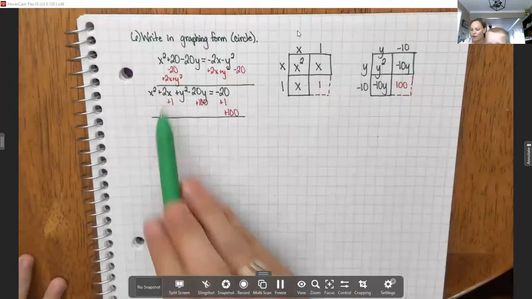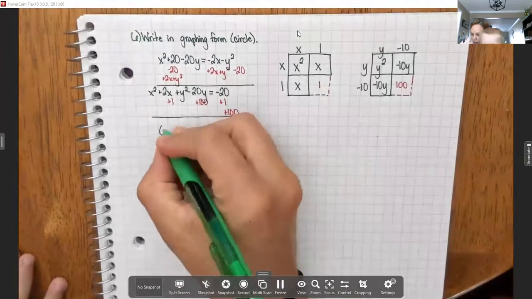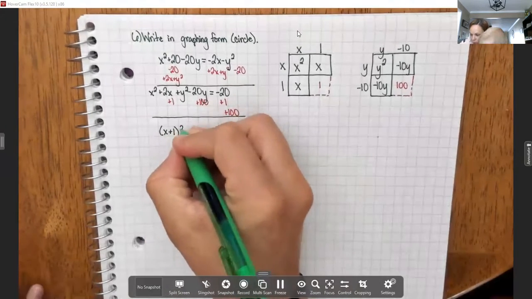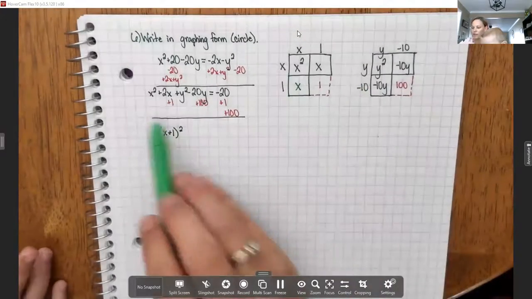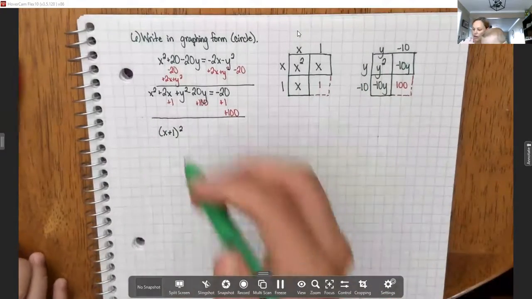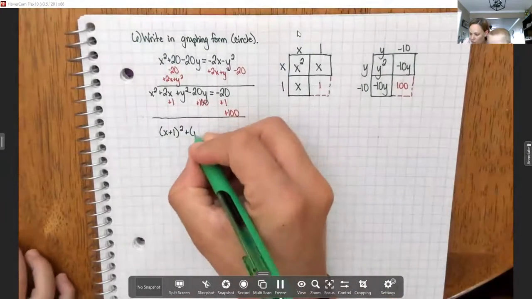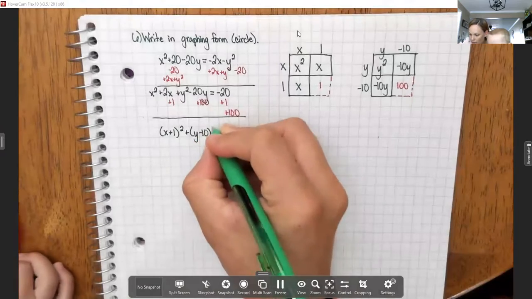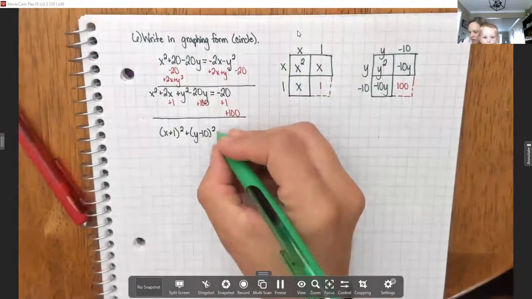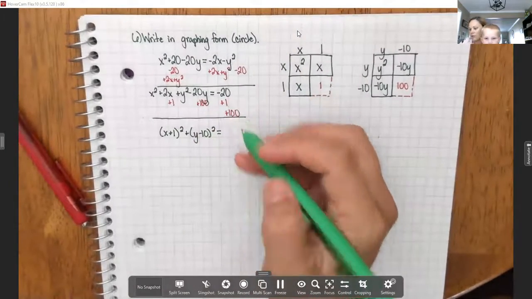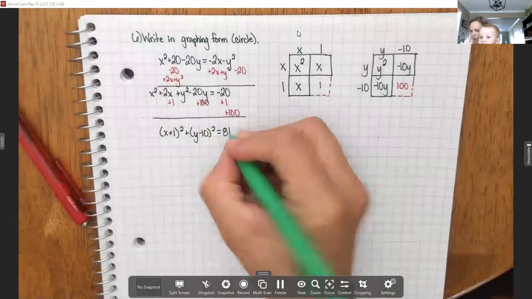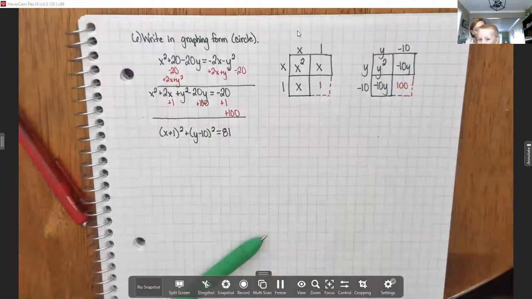We added 1 here to make this x plus 1 squared. That's the outside of the box. And we added 100 to make this y minus 10 squared. Negative 20 plus 1 plus 100 is 81.